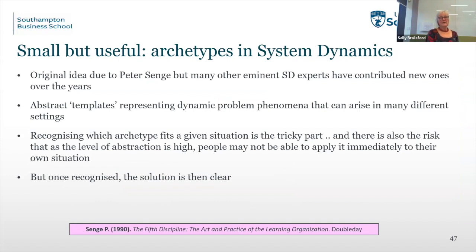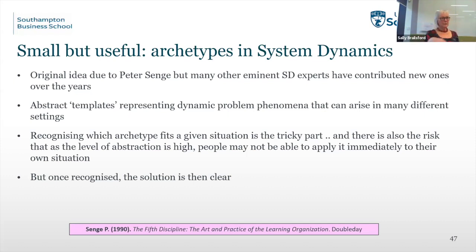And these are an idea called archetypes in SD, which I think originally started with Peter Senge, and I'm sure David will correct me if I'm wrong. But there are lots of them now. The idea is they're a template for an abstract problem that can arise in many different places.